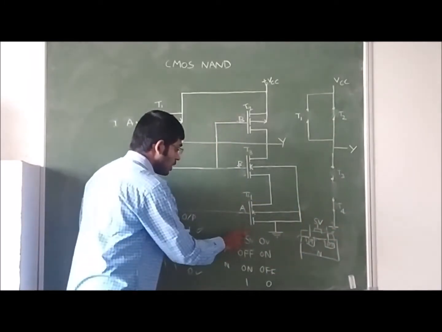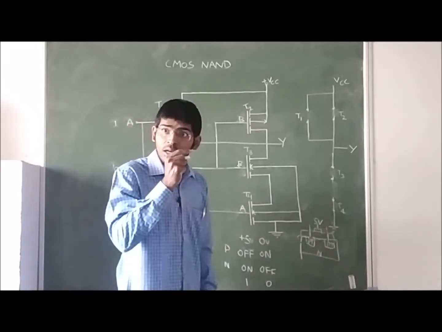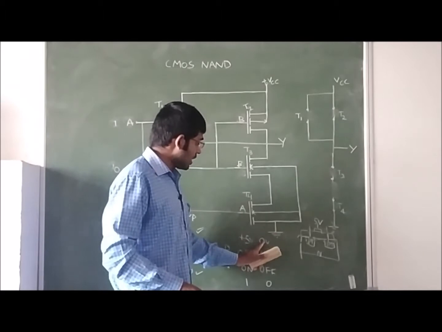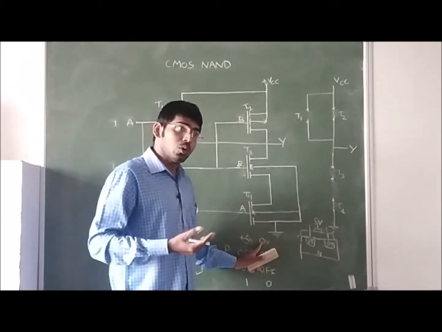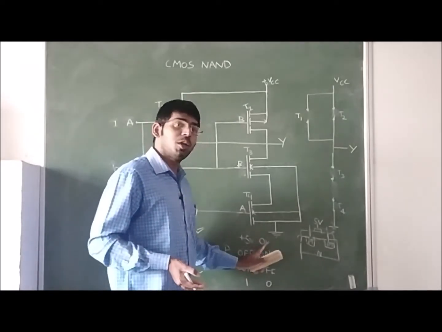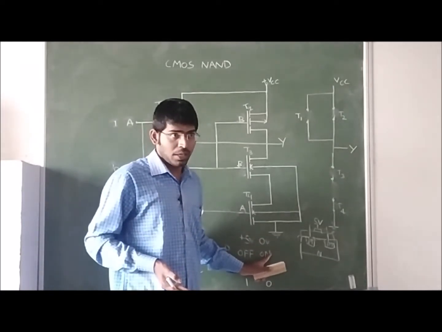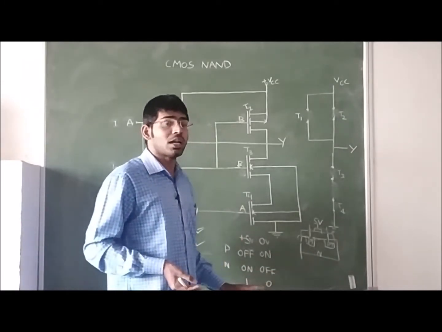So when we give plus 5 volts, the P-channel MOSFET, PMOS, is turned off. When we give 0 volts, digital logic 0, the PMOS will be in on position. Similarly, when we give plus 5 volts, NMOS will be in on condition.